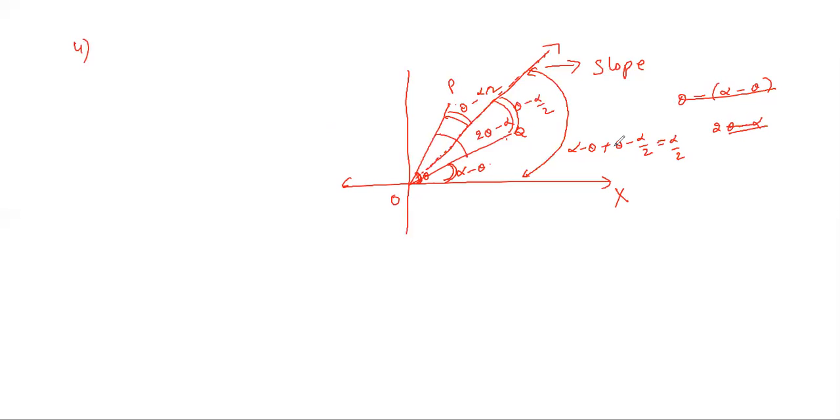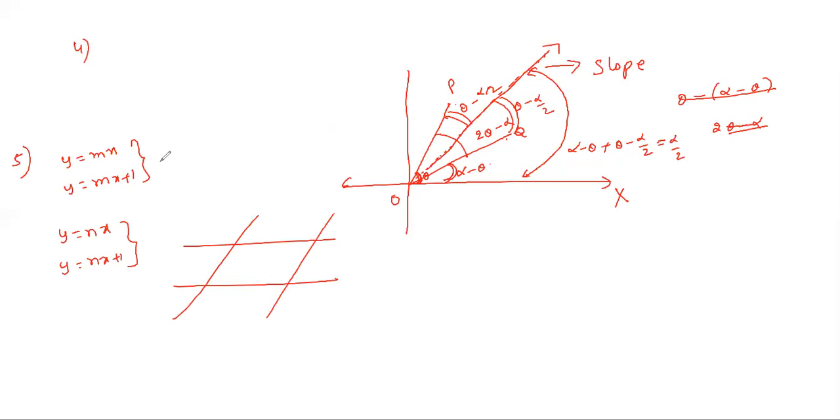It's the area of the parallelogram. y equals mx and y equals mx plus 1, these two are parallel. y equals nx and y equals nx plus 1, these two are parallel. Find the area of the parallelogram.